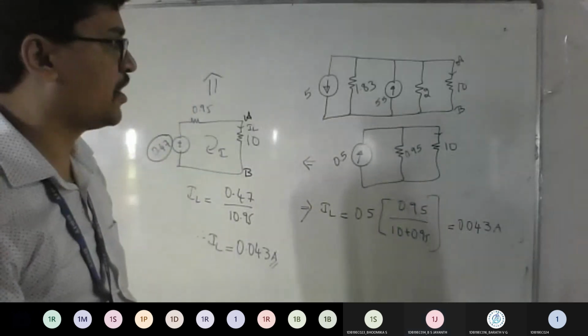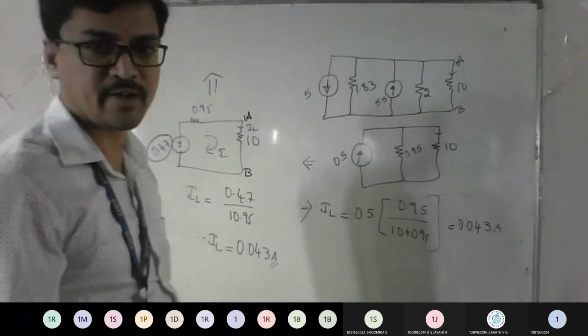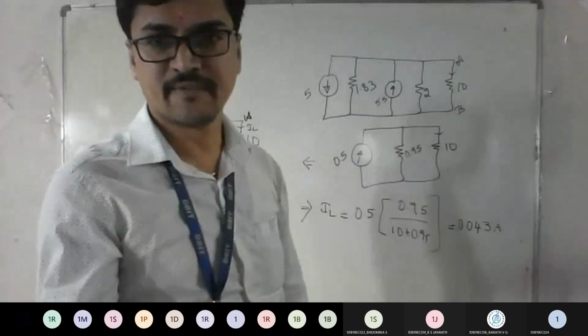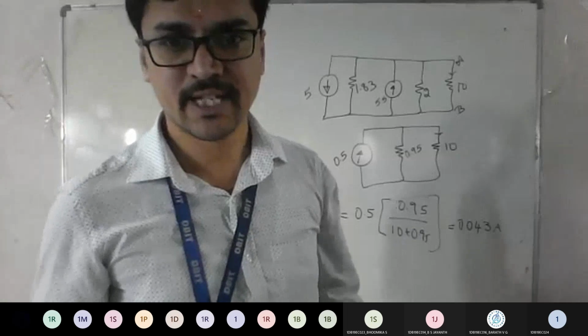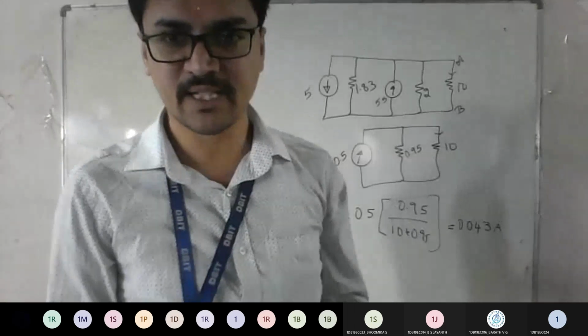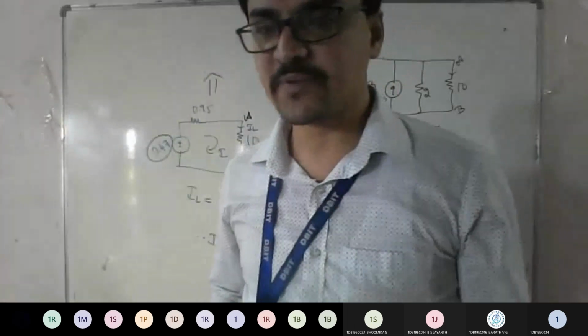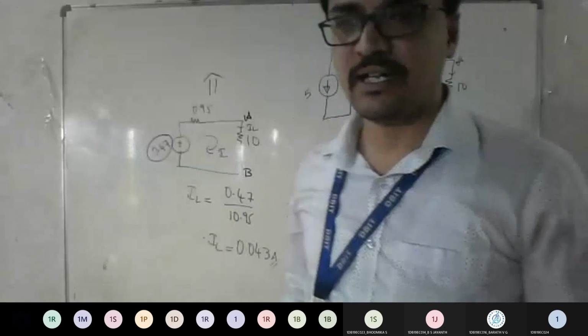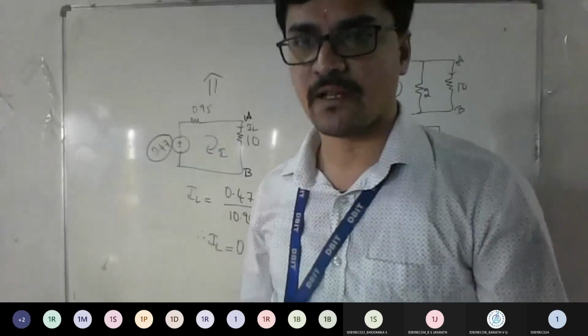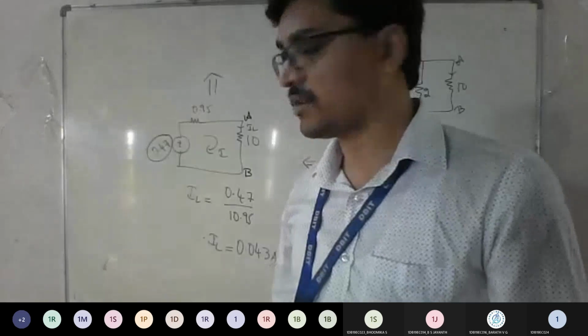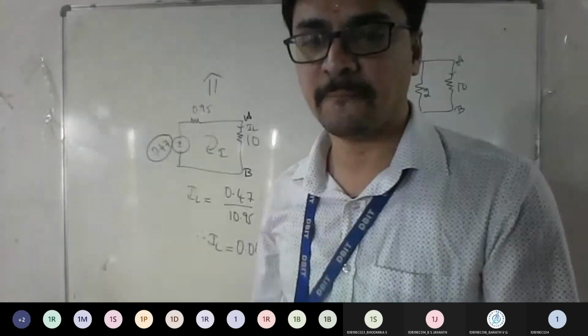So everyone got how to solve. If they ask the current across a particular resistor, you can get it. If they ask the current for a particular voltage, you can get it. That's why I told you not to see the complexity of a problem. If you keep solving step by step clearly, you will come to know the answer clearly. So I hope everyone got the things clearly.